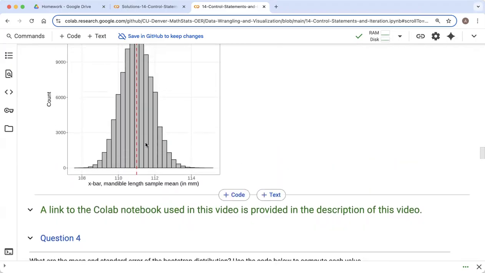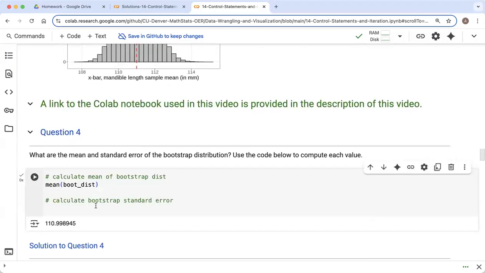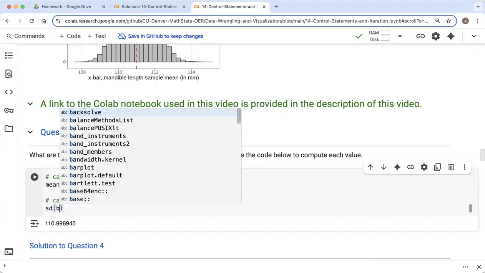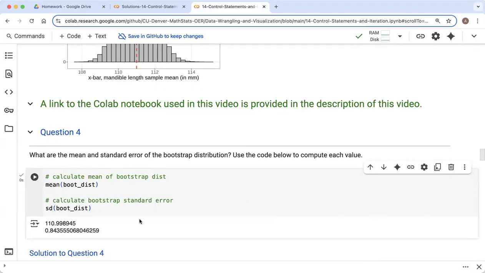When we calculate the standard deviation of a sampling distribution, we call it the standard error, because in some sense it is related to how much error we want to build into our margin of error. So we're going to calculate the standard deviation of our bootstrap distribution. And we can see that it is about 0.84.